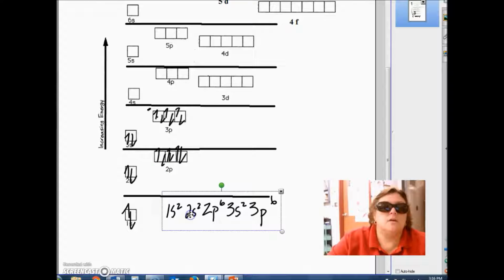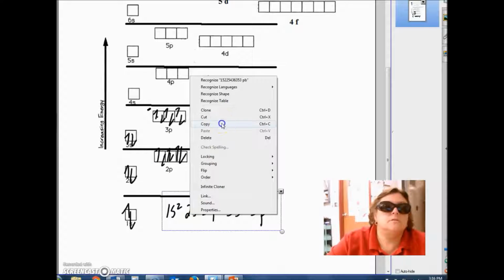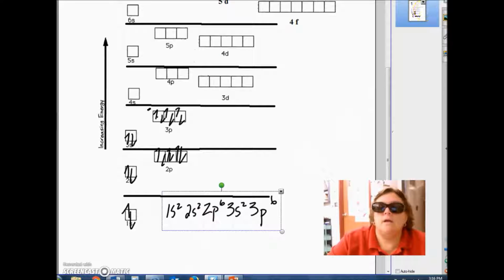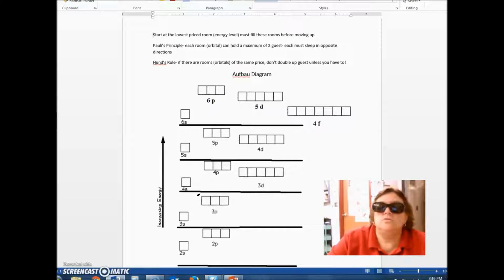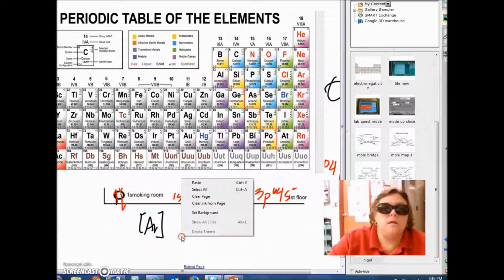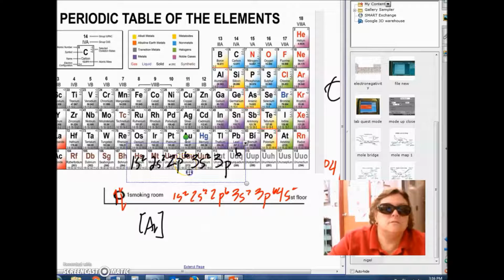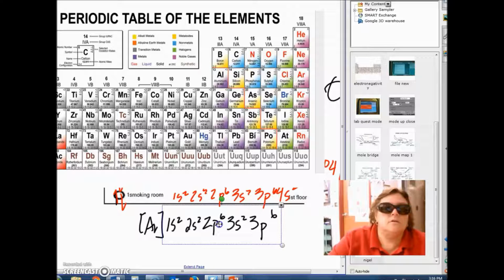So, take a look at that code. I'm going to copy it, and I'm going to go back to our other page and paste it. What's it look like? 1s2, 2s2, 2p6, 3s2, 3p6.